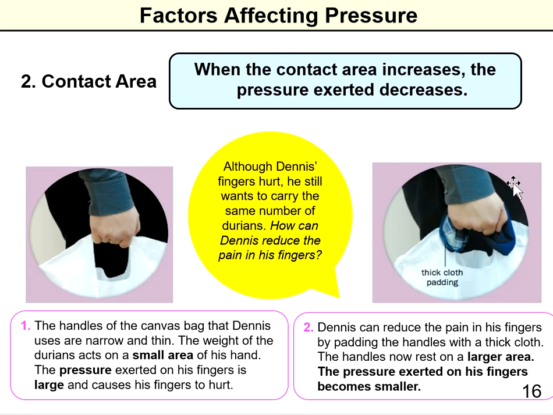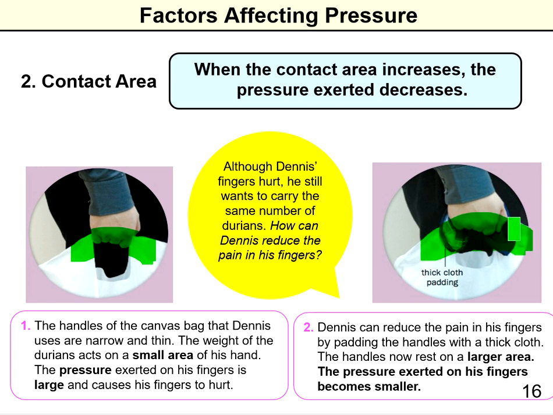What if the force is the same? Well, if you are carrying the same bag, it depends on how you're carrying it. So let's take a look. In this case, the person is carrying the bag like that. This is going to be more painful than if you were to wrap a piece of handkerchief.